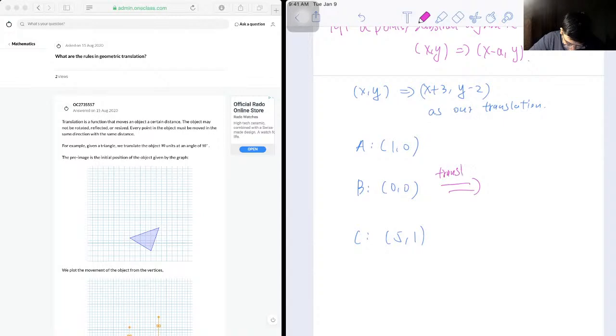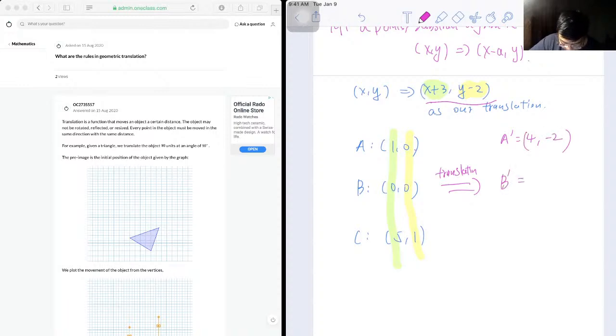So after translation, the new A, as you can see in the translation part, the X part only deals with the X coordinate, and the Y part only deals with the Y coordinate. So 1 plus 3 will be 4, and 0 minus 2 will be negative 2.